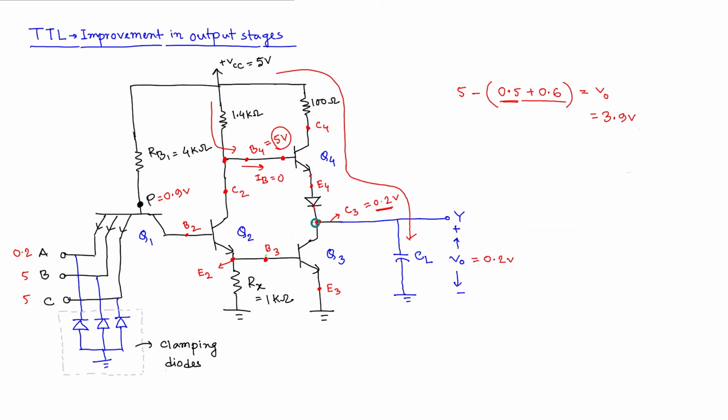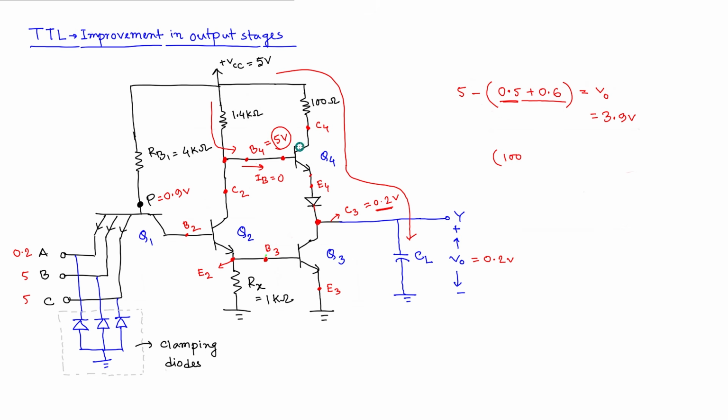Okay, so now why this is important: whenever it was getting charged through this path from 0.2 volt to 5 volt, the amount of time required can be calculated through this equation, which is 100, the resistance here.